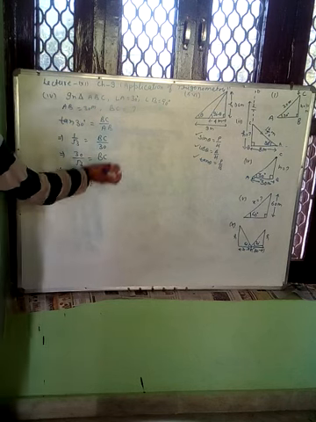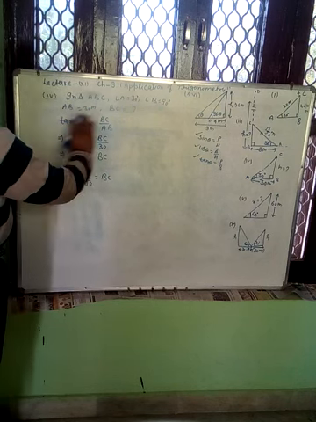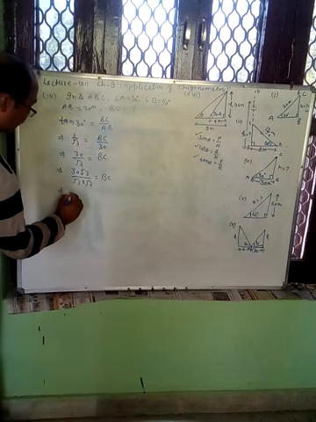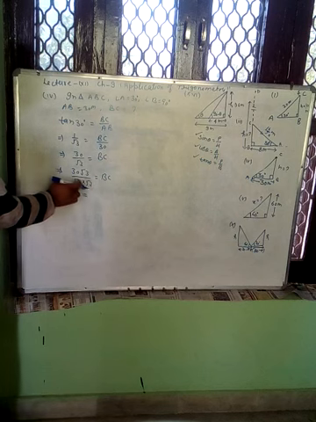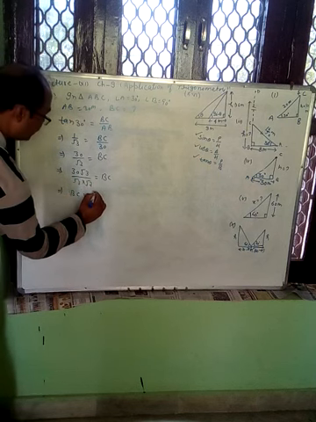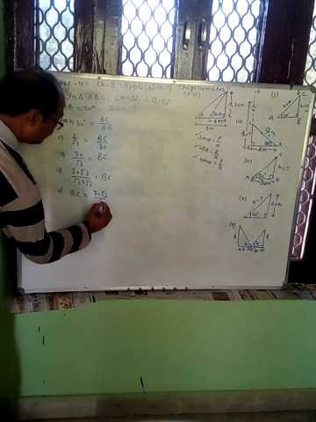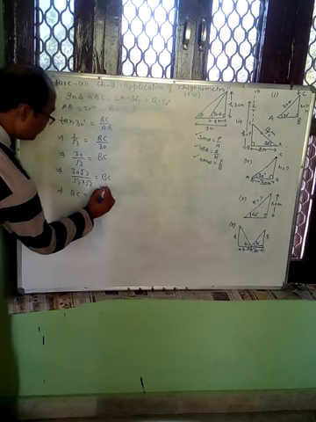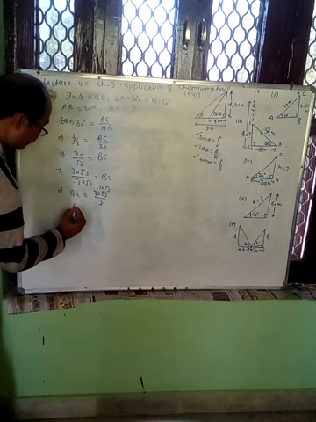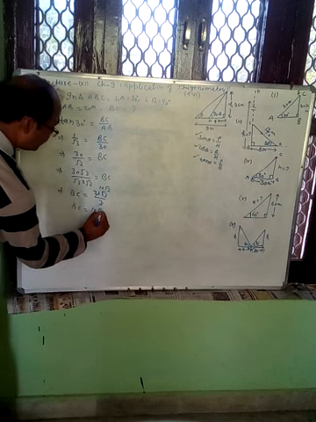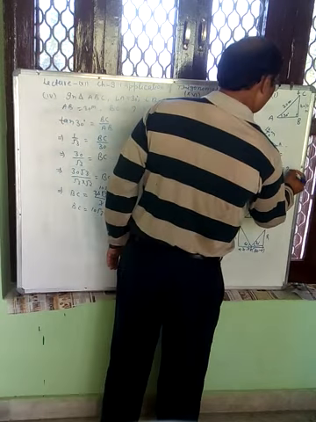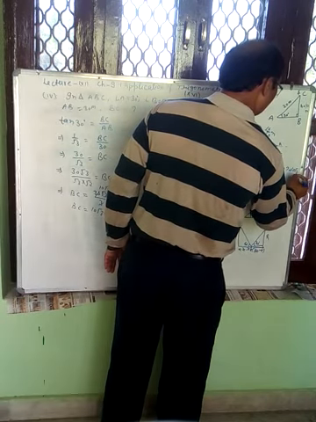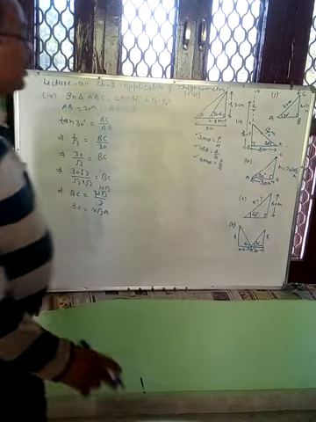Now BC is equal to 30 root 3 upon 3, since root 3 into root 3 is 3. 30 divided by 3 is 10, so BC is equal to 10 root 3 meter. This is the height of this building, 10 root 3 meter. Okay, this is the answer.